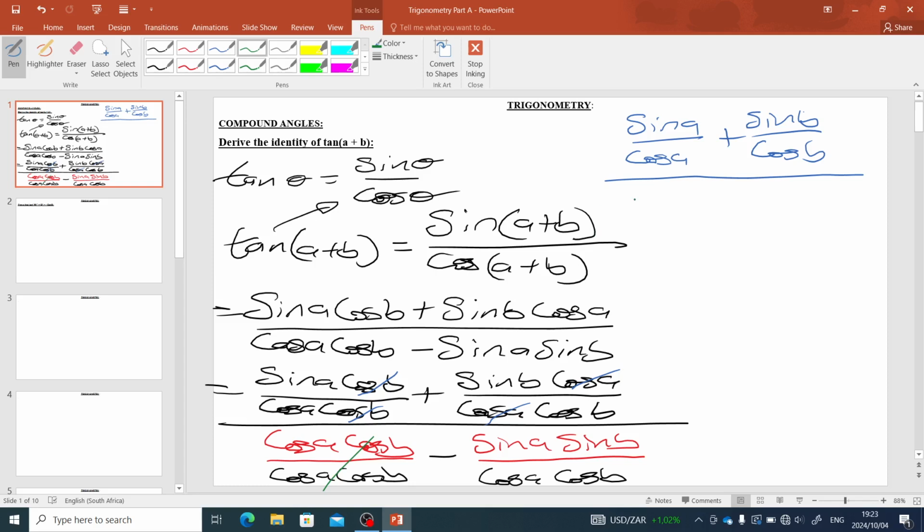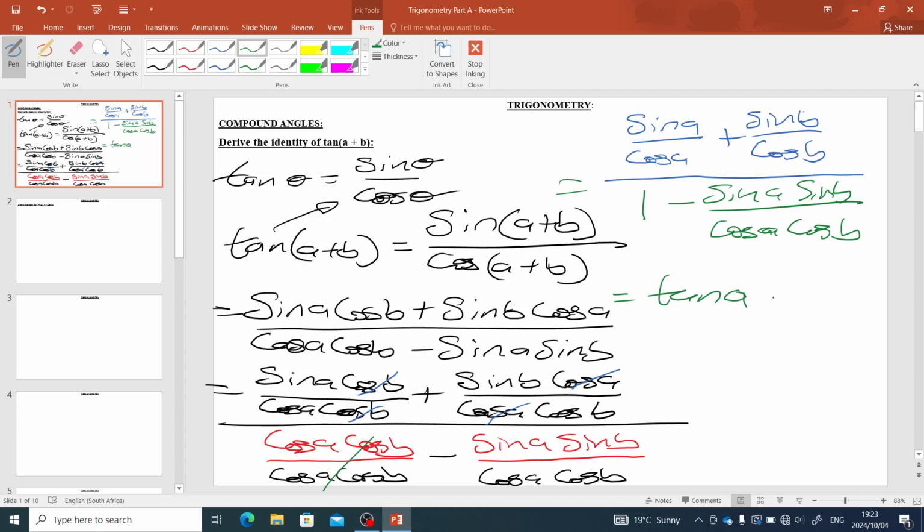Then we will have 1 minus sine A sine B divided by cos A cos B. Then we know that sine A over cos A is tan A, plus sine B over cos B is tan B, divided by 1 minus tan A multiplied by tan B. We have then derived that identity.